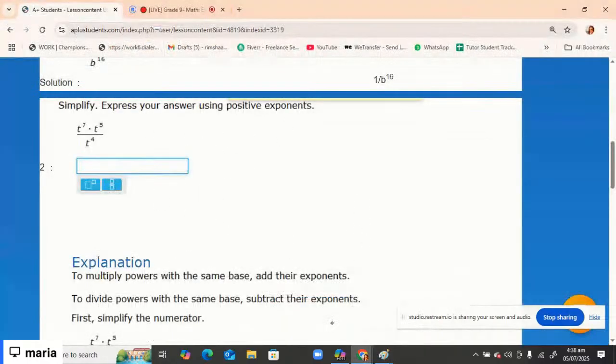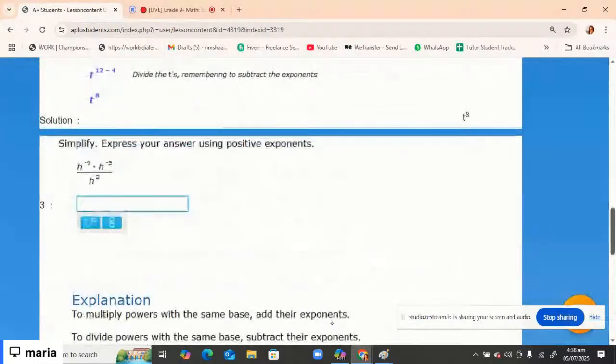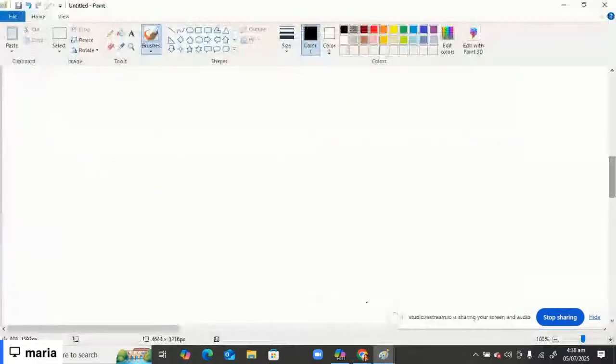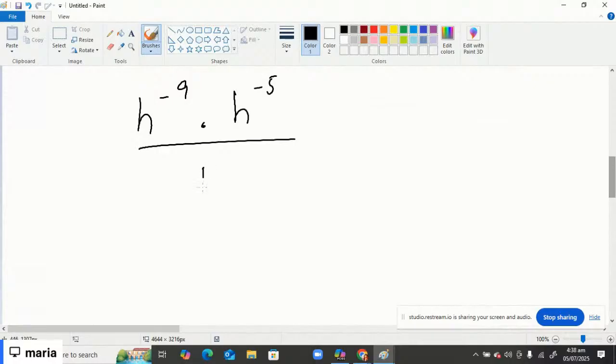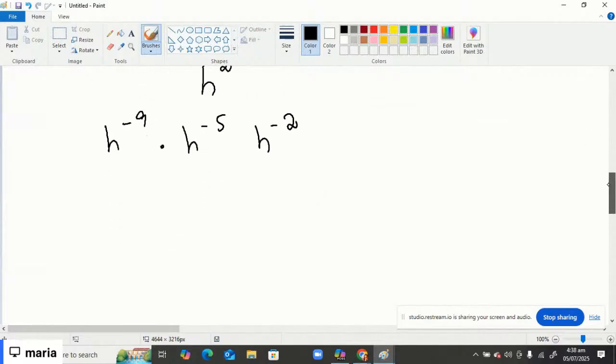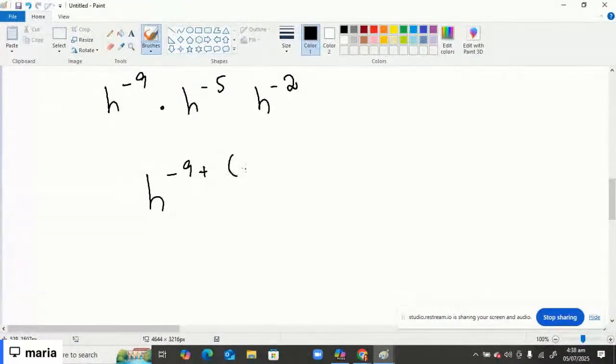Alright, now let's discuss the next: h power minus 9, h power minus 5, and h power 2. Both are already in the form of negative. Let's put it up: minus 9, minus 5, and then it becomes minus 2. Bases are same, just add up. Minus 9 plus minus 5 plus minus 2.